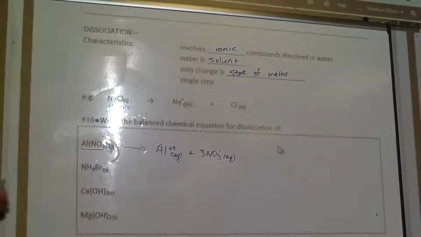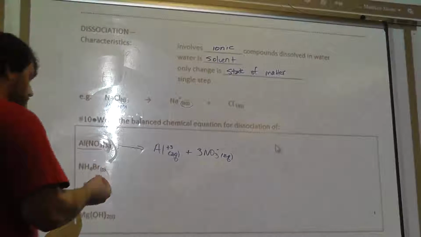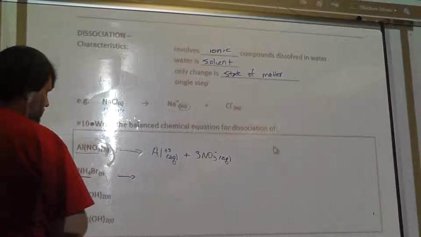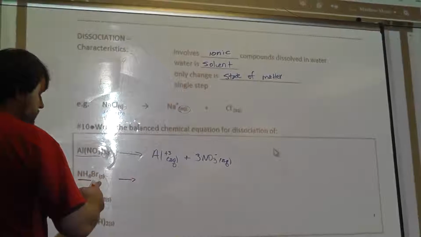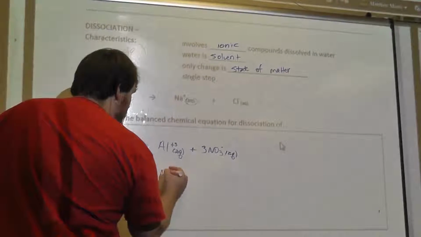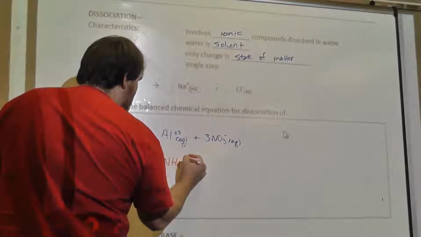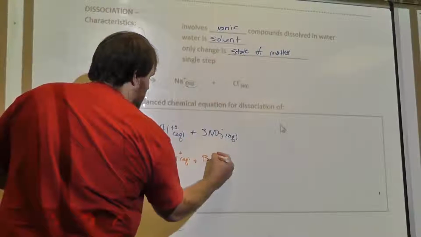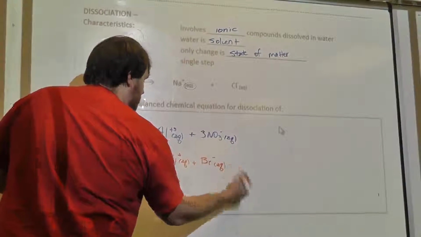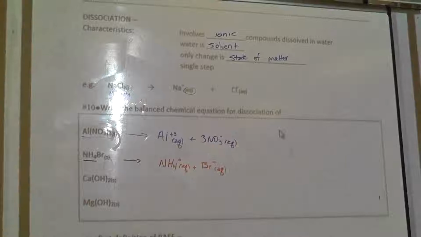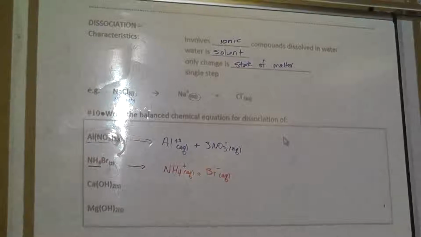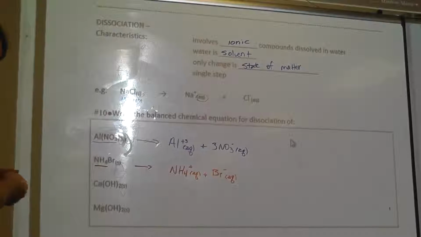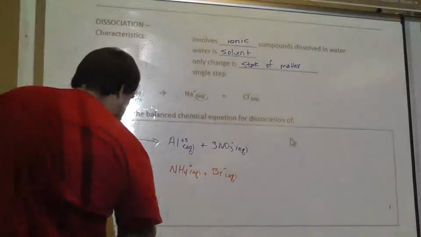Now, if you were to do the ammonium bromide down here, you do the same thing, but now ammonium is acting as your metal and bromine is acting as your non-metal. So it breaks apart into the ammonium and the bromide. You have to have your aqueous and your charges. Now for your calcium part, it's going to do the same thing.